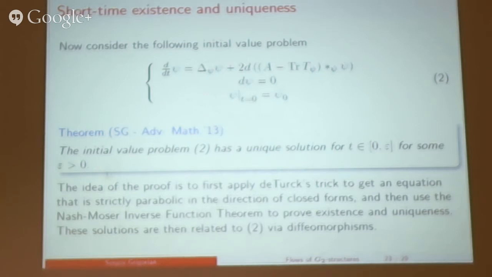So this doesn't work well with Banach spaces, but Fréchet spaces don't need a norm. So this Nash-Moser inverse function theorem gives us similar results to the standard inverse function theorem, but in the category of Fréchet spaces. Okay, so by applying this, we actually get short time existence and uniqueness for this flow.